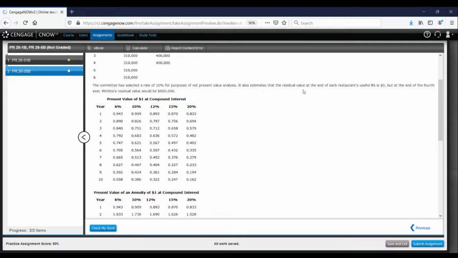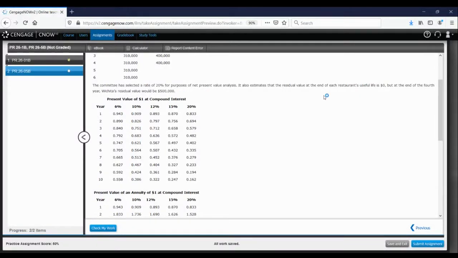It also assumes that the residual value at the end of each restaurant's useful life is going to be 0. But at the end of the 4th year, Wichita's residual value would be $500,000. So residual value is the scrap value, and that's the value that we think that we would be able to sell this asset for.